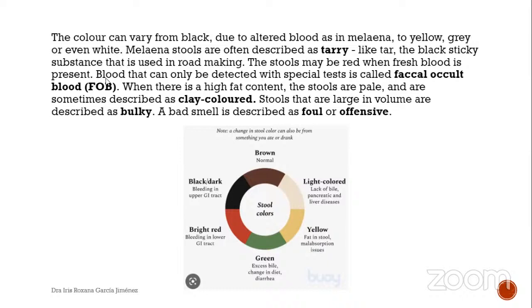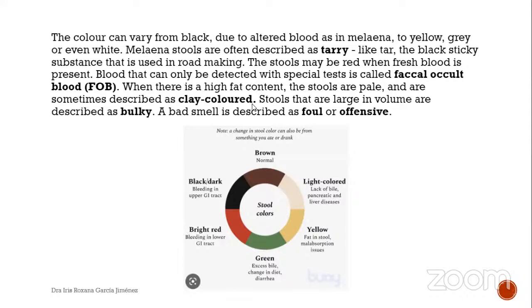Of course, blood can only be detected with a special test that is called fecal occult blood, FOB. That's the abbreviation, lots of things with abbreviations similar to Spanish. When there is a high fat content, the stools are pale, are clear, and are sometimes described as clay-colored, or light-colored, or yellow-colored, right?